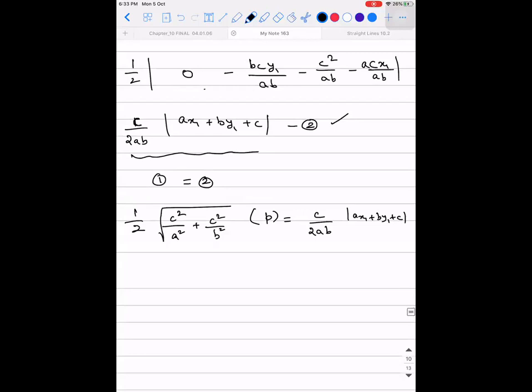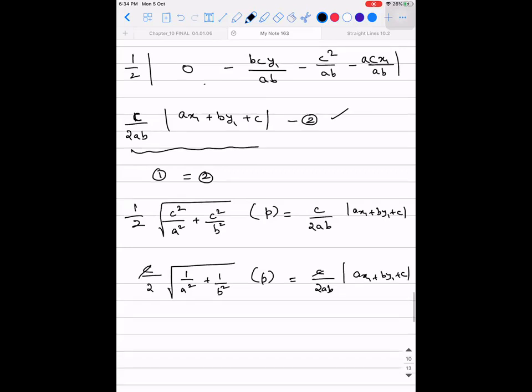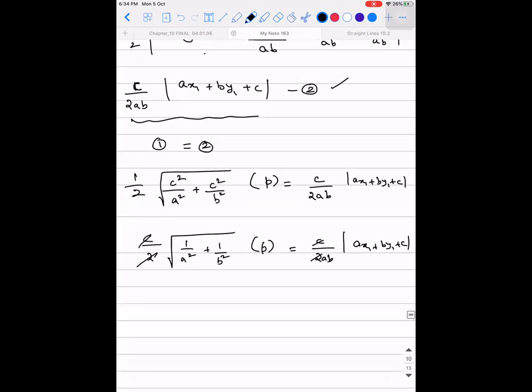Accepted? So you take that c outside, c divided by 2 into root of 1 by a square plus 1 by b square into p is equal to c divided by 2ab into modulus of ax1 plus by1 plus c. So c and c will get cancelled. 2 and 2 will get cancelled.